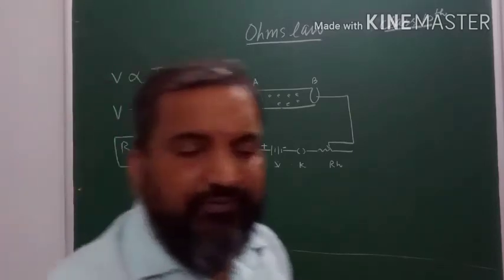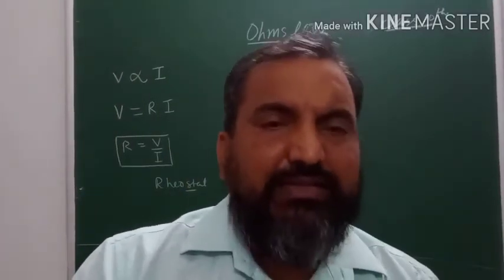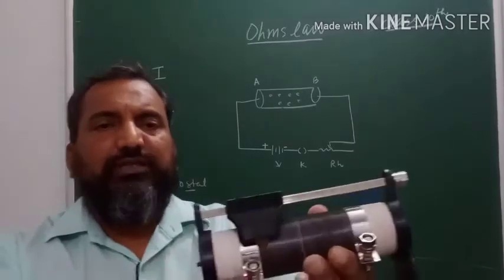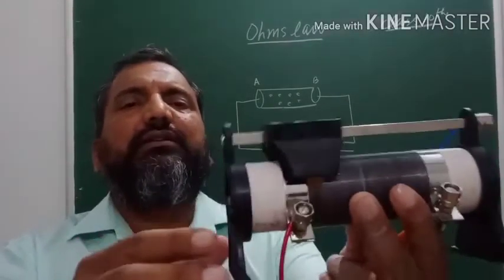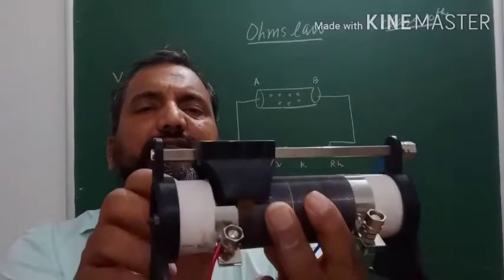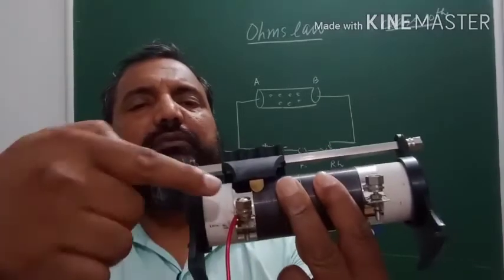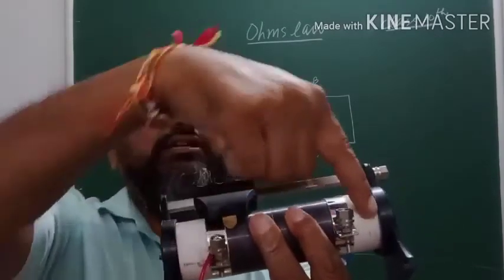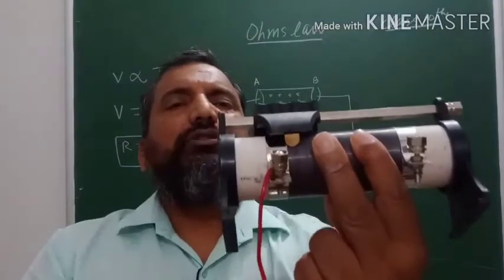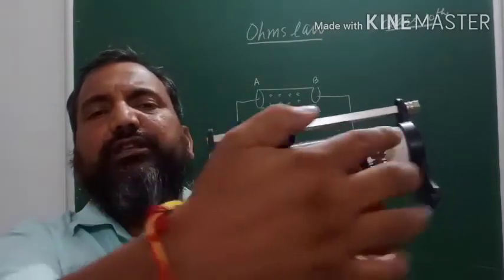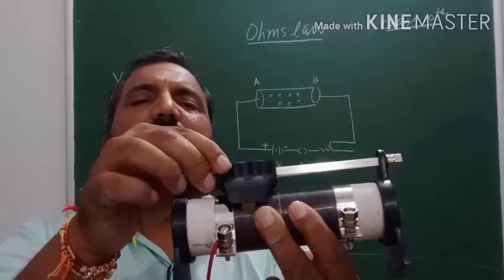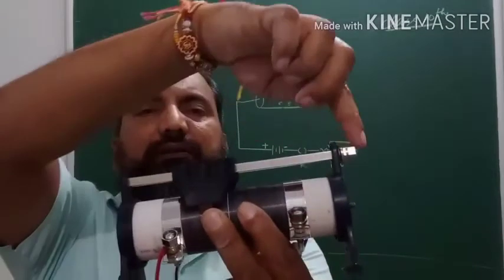I have a device to show this rheostat. It has two terminals, A and B. These are the two fixed terminals, and this is a movable, variable one.